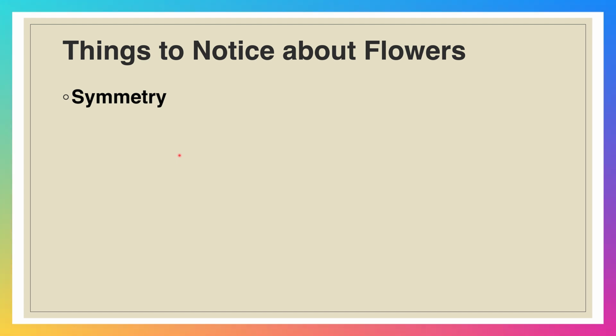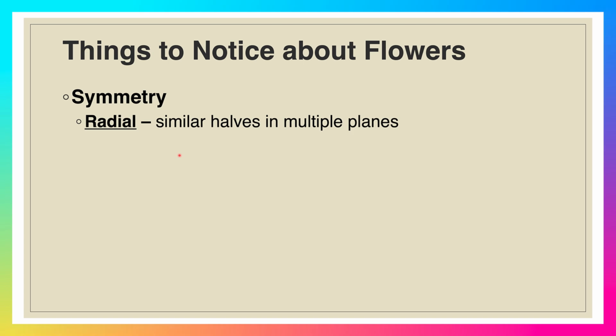One thing to notice about flowers is an aspect called symmetry. If you remember when we talked about animals, we talked about symmetry, and the definitions are the same as they were before. Radial symmetry is where you can fold the flower in half in multiple different planes and they will be similar halves.